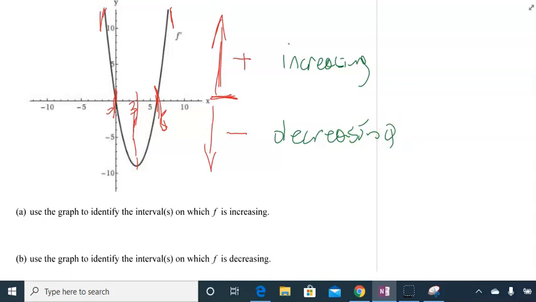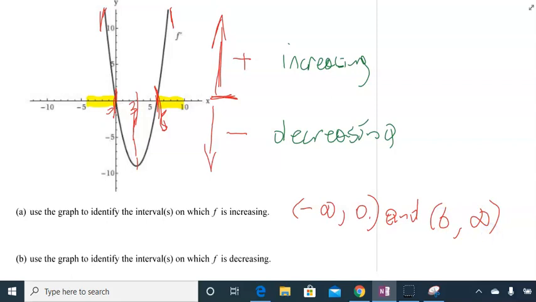Okay, so the intervals on which the function is increasing would be this interval right here and right there, because it's above the x-axis. So that would be -infinity to 0, union 6 to infinity.